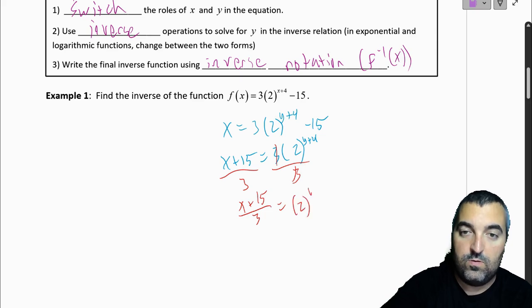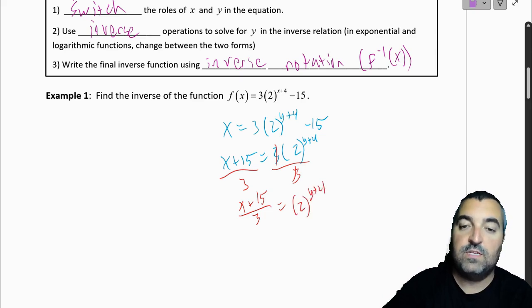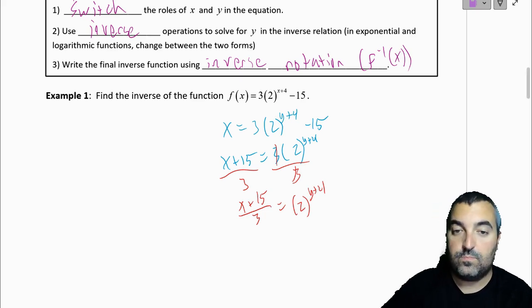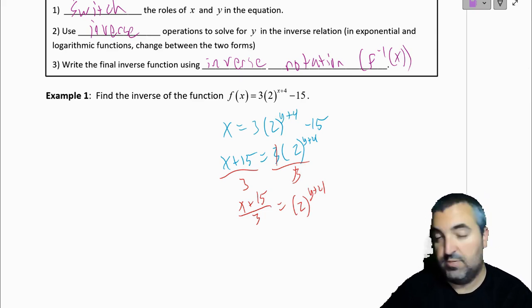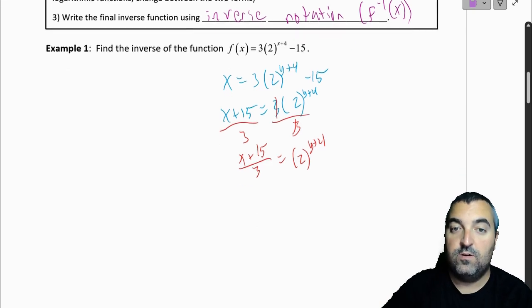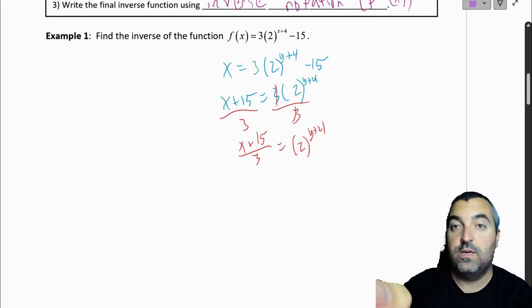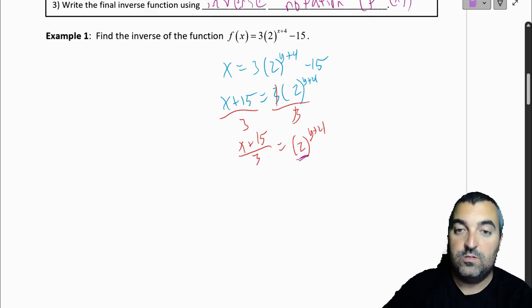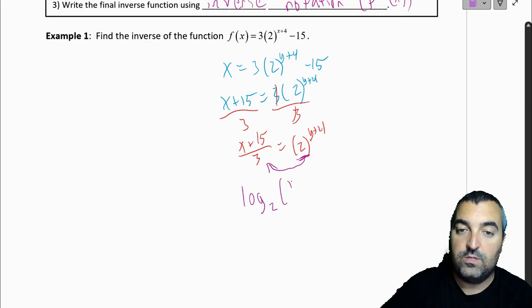And now I have just an exponential equals some expression. This is where logs come into play, because we want to get rid of the exponential. The way we do that is change it to a log. So here's my base. It's going to be log base b of the other side of the equation equals the power.